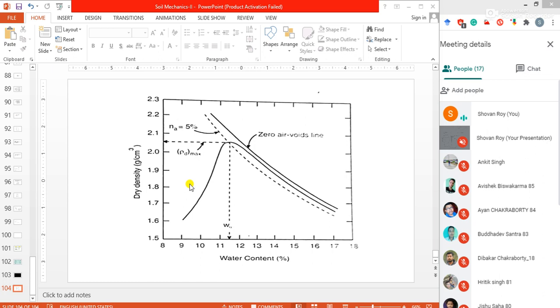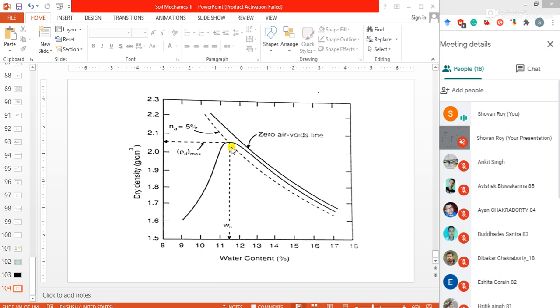Under the light compaction test, the standard Proctor test is the important one, and it comes first. Normally in our laboratory, before performing any experiment, we first perform the light compaction test, that is the standard Proctor test, to find out the maximum dry density and optimum moisture content of the particular soil.